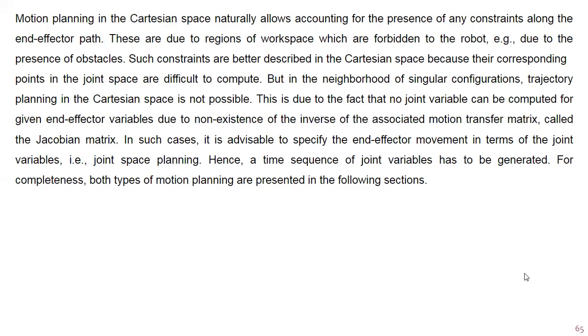In such cases, it is advisable to specify the end effector movement in terms of the joint variables, that is joint space planning. Hence, a time sequence of joint variables has to be generated. For completeness, both types of motion planning are presented in the following sections.